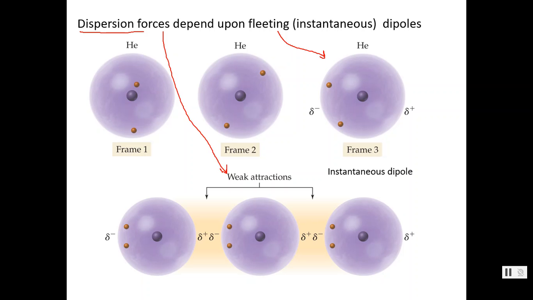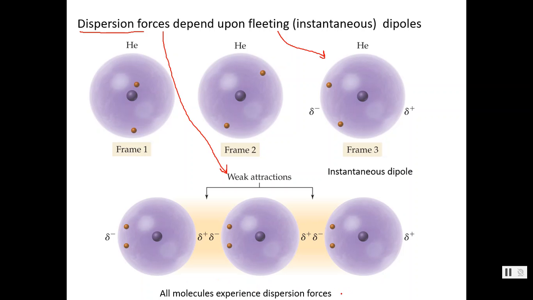Okay? So dispersion forces depend upon instantaneous, fleeting, or temporary dipoles due to the movement of electrons. They are the weakest intermolecular force we will talk about. And since all molecules have electrons, all molecules experience dispersion forces.